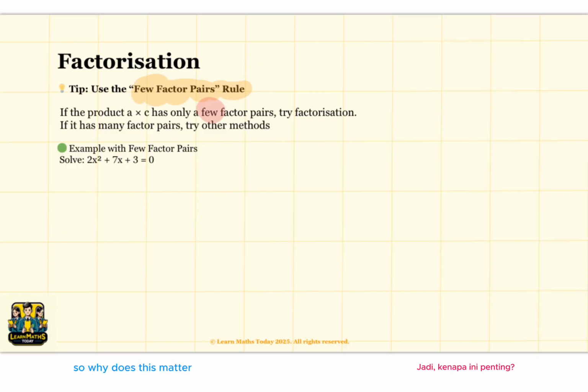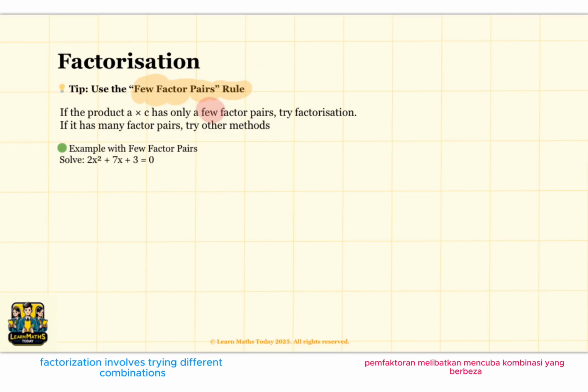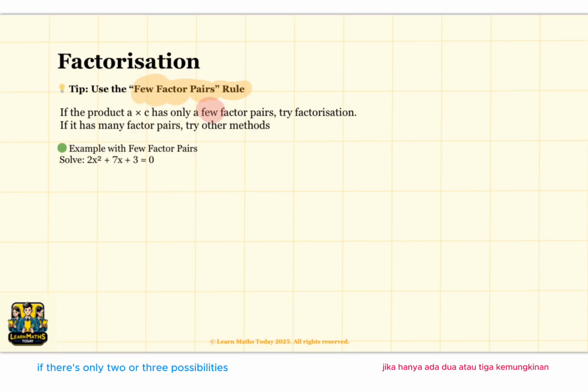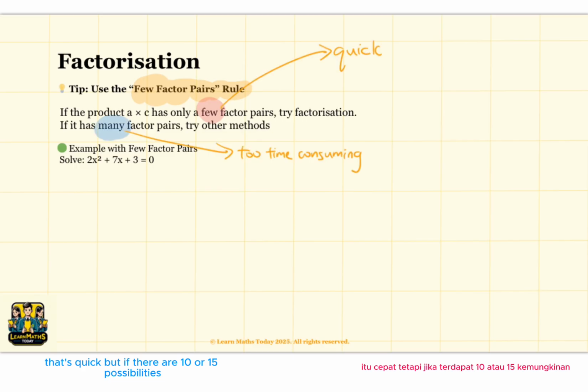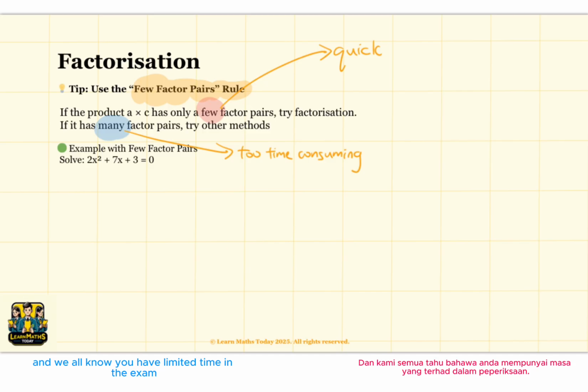So why does this matter? Well, factorization involves trying different combinations until you find the right one. If there's only 2 or 3 possibilities, that's quick. But if there are 10 or 15 possibilities, you could spend a long time trying it out, and we all know you have limited time in the exam.